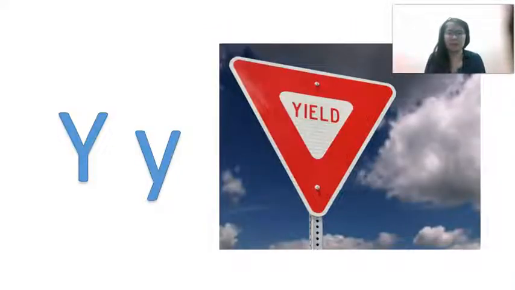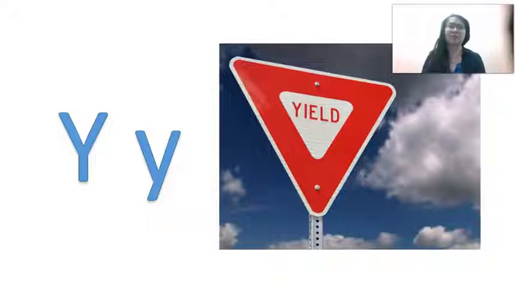Next, we have the letter Y. This is Y. Now Y says y at the beginning of words, like yield. This is a yield sign. So when you're driving a car, you might see this sign on the road, yield.